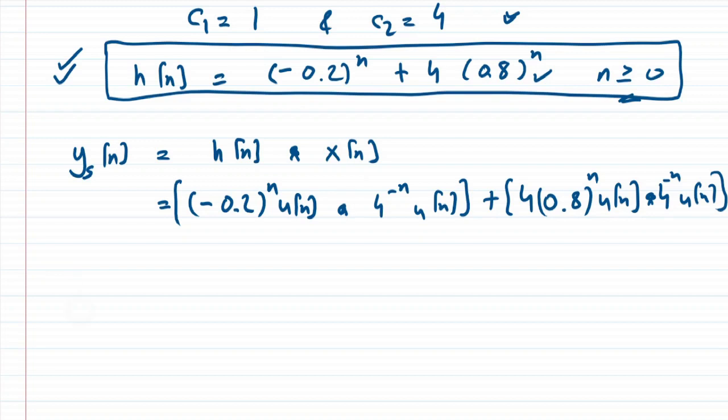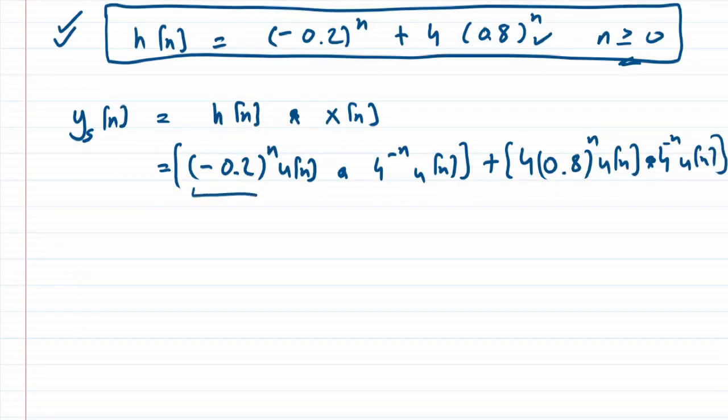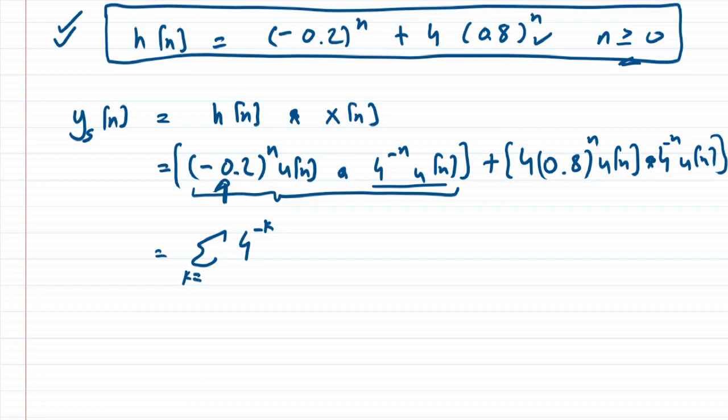Now simply for this, the solution would be in terms of a summation, and we're going to flip this part for convolution, and we're going to keep this as it is. So this is simply 4 raised to power minus k, and we get the summation variable as k. Because both of them are unit step functions, the summation is going to start from 0 and go until n.